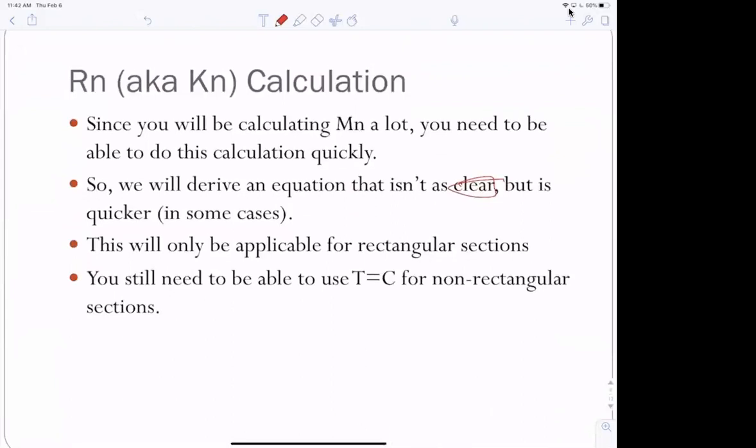It's hard to understand, but it's very convenient. So it won't be as clear, but it'll be quicker. And this equation we're about to derive is only for rectangular cross sections. And you still need to be able to do this basic concept for non-rectangular sections.